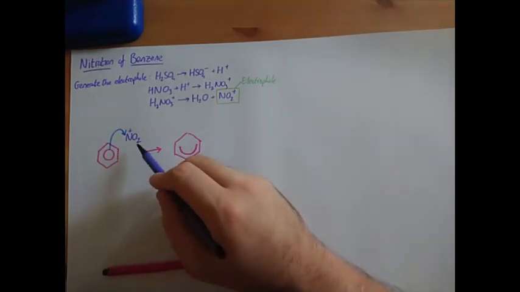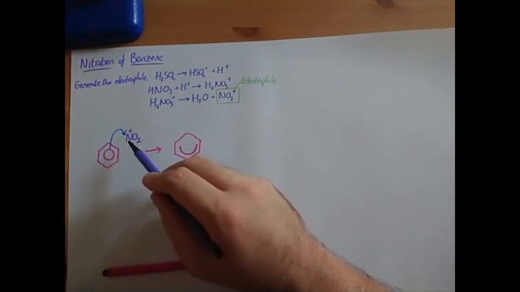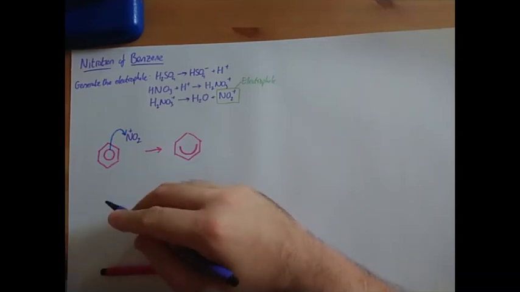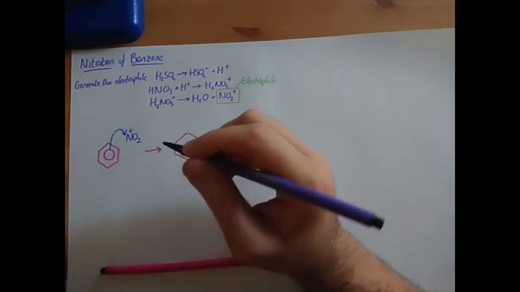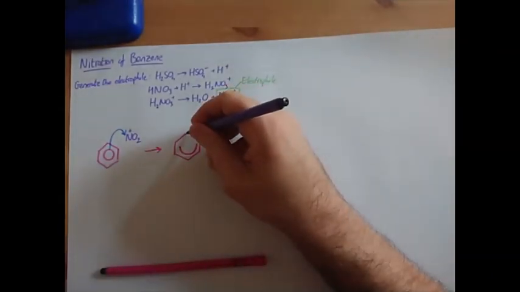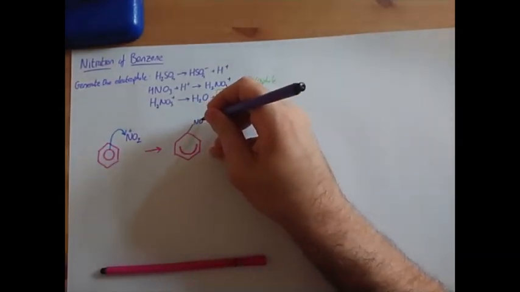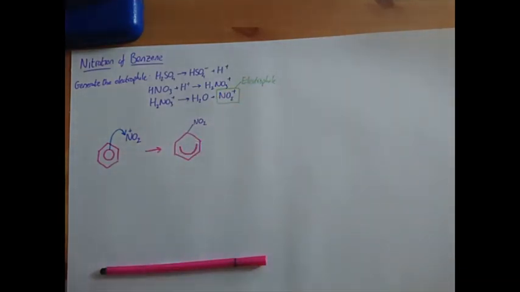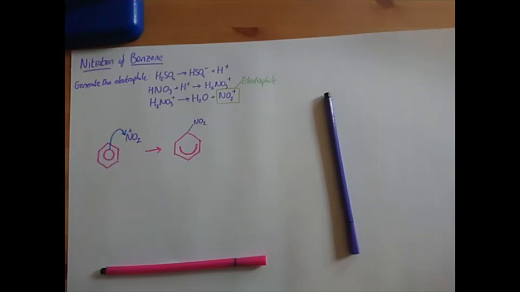So, when this NO2 plus has attacked the delocalized ring, it forms a bond, and it bonds onto one of the carbons on the benzene ring.